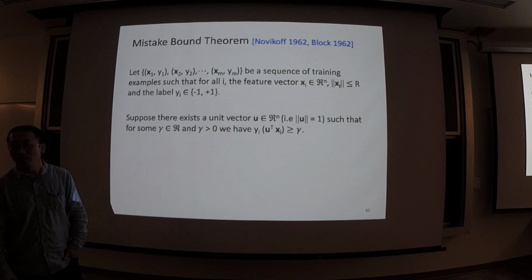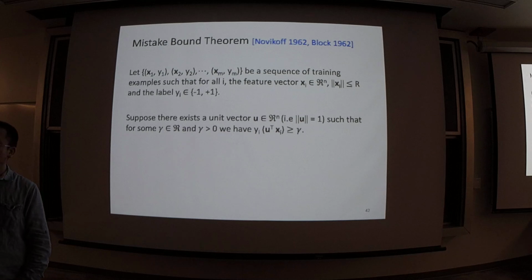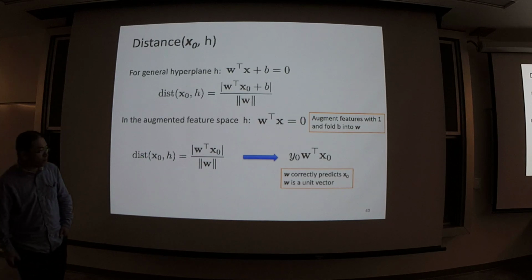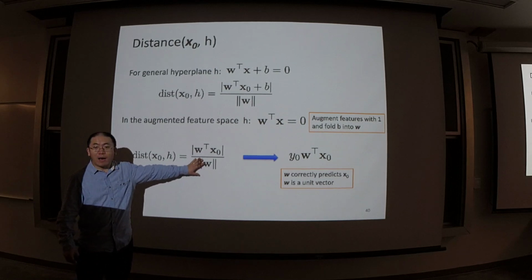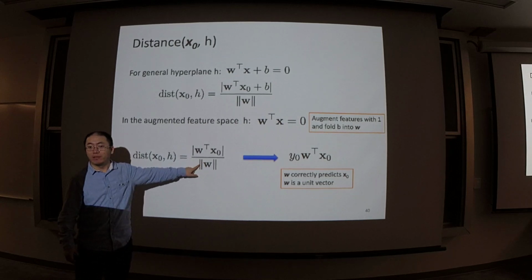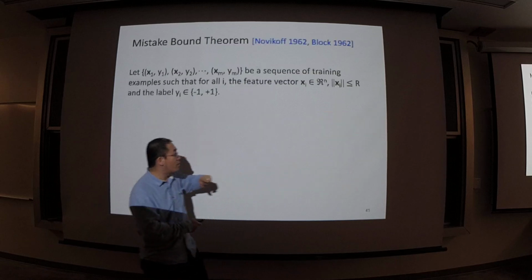What does that mean? You want a minimum distance to the hyperplane. Yes, I'm waiting for this. We can connect to our definition of distance of an instance. If our weight vector is a unit vector, that means the norm is 1, and the numerator is just represented as this, so it's the same as here.